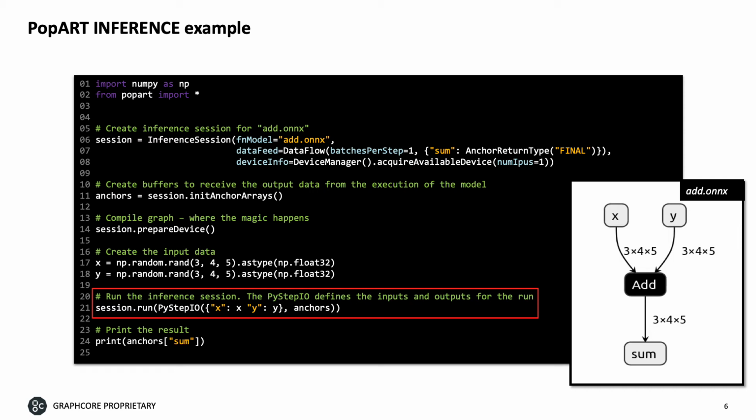We give it the py_step_io. Py_step_io is used to map the input-output tensor names to the host data buffers. That call will execute on the IPU, send the input data from host to the IPU, and finally we get the result. The result is stored in the host buffer.